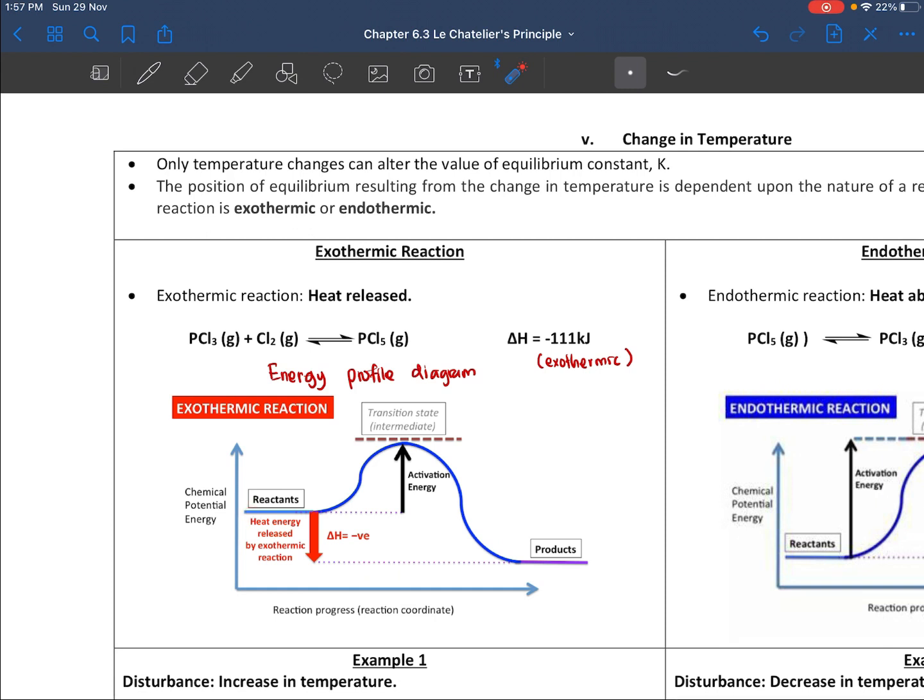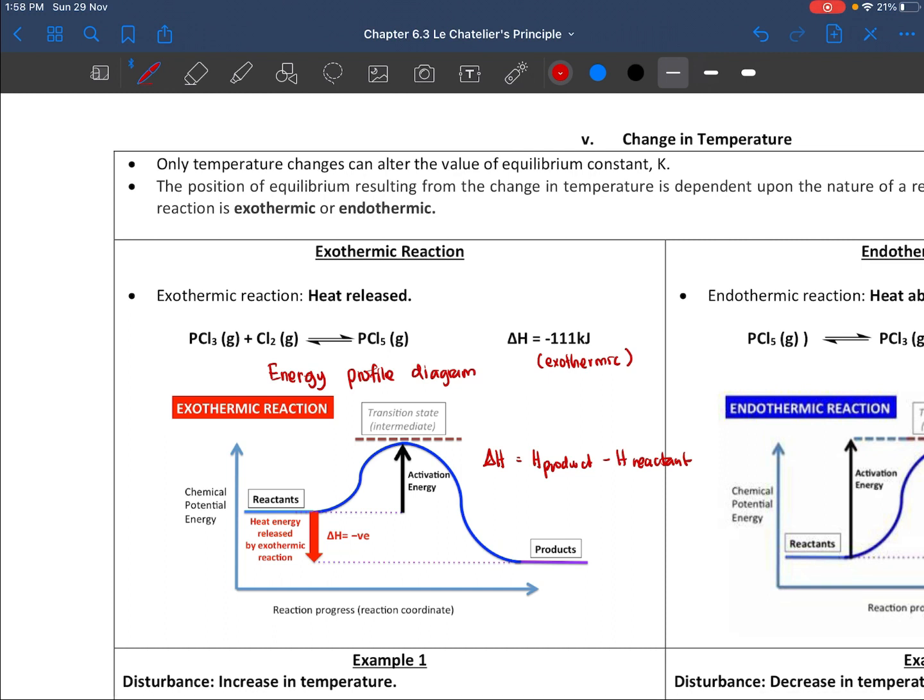Okay, so as you can see, reactant punya potential energy lebih tinggi daripada produk punya potential energy. And nak cari delta H, kita kena ambil entalpi produk, okay, so minus dengan entalpi reactant.